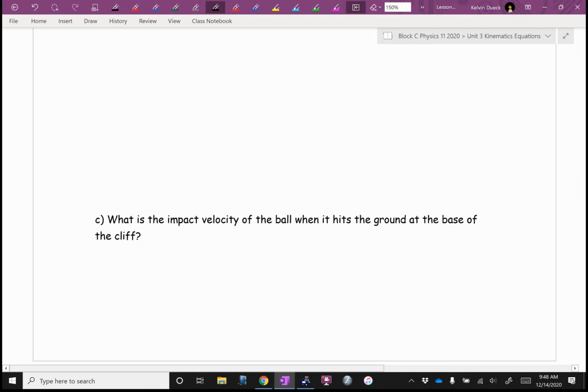Edward, what is not the answer to part C? It's not 0. What's the impact velocity, which we'll call V final, because that's the bang hitting the ground velocity. So it wants us to find VF.